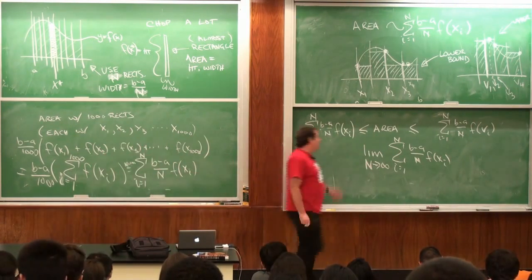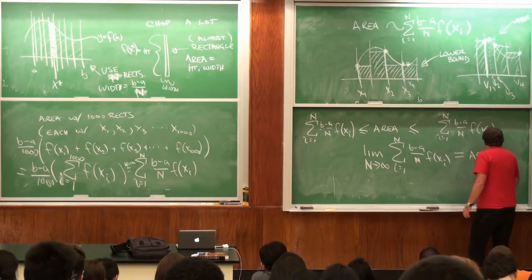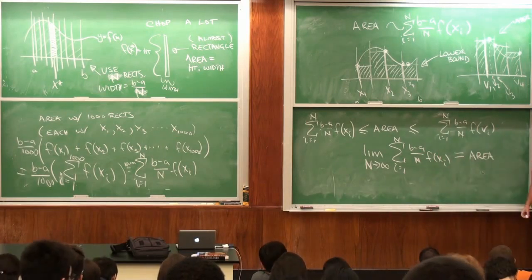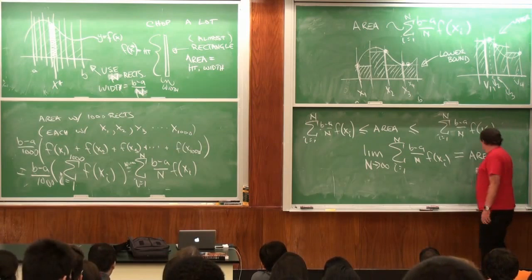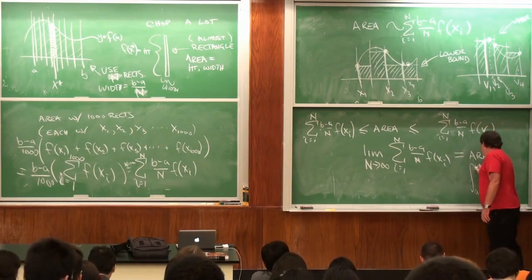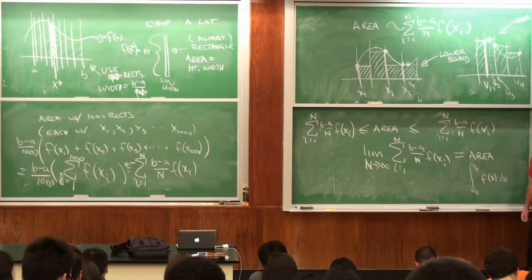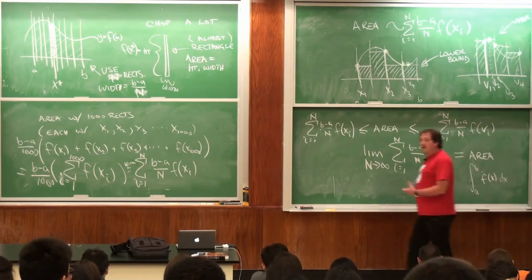If this number exists, this is the area. And we call this area the integral. So the integral is this area.